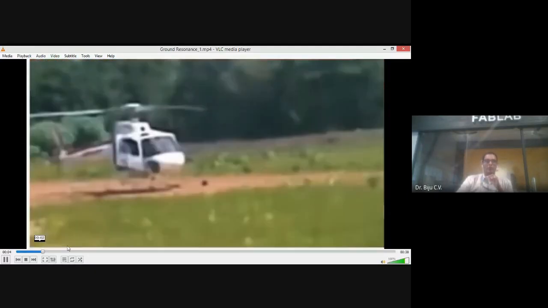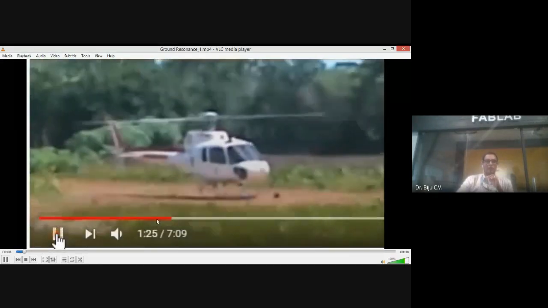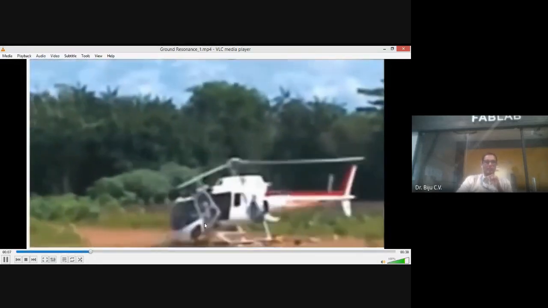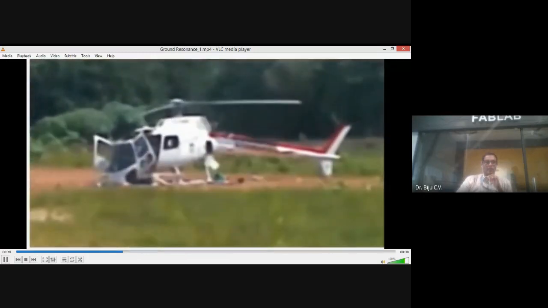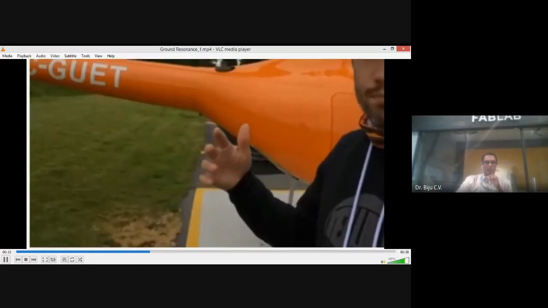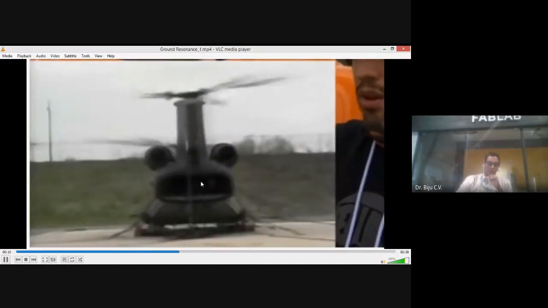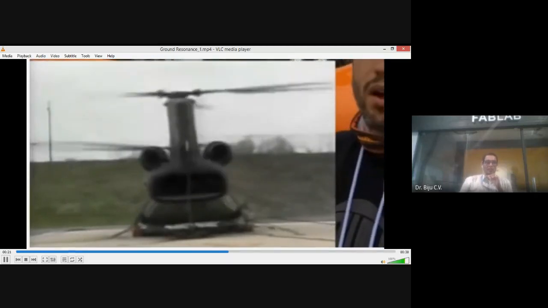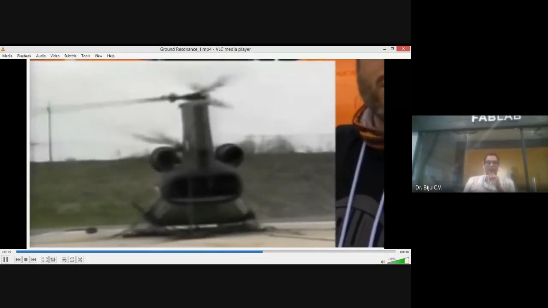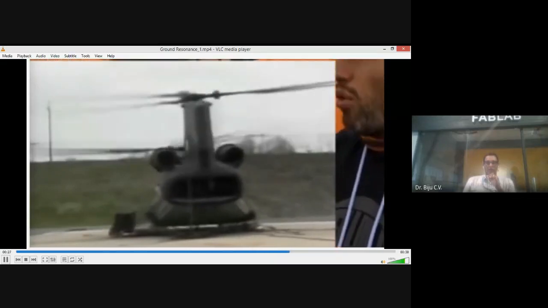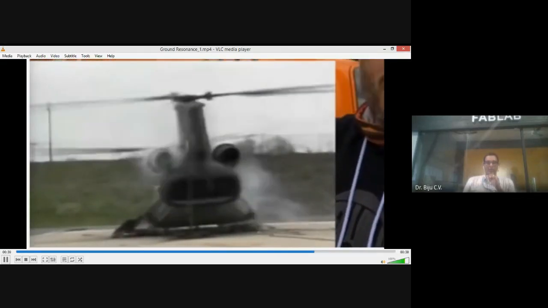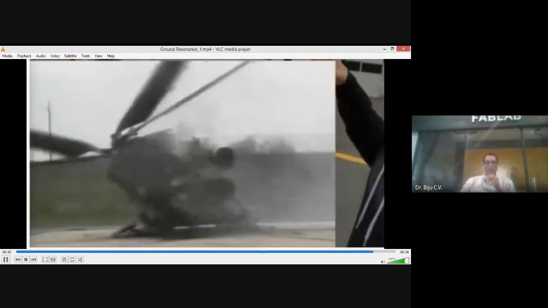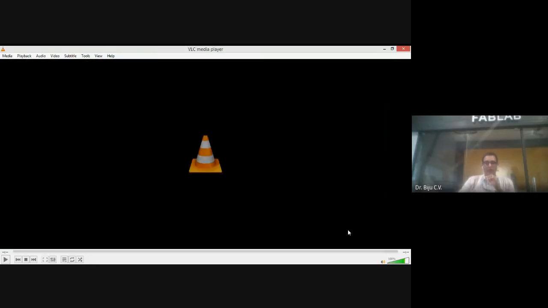So once you look through this video, I think it is visible from the beginning. Now you can see that the stability is totally lost and it is completely broken. And you can see the analysis, some experimental setup is there where ground resonance is studied. The same structure that was safe in the beginning, gradually the amplitude gets increased, and at one particular stage, it is totally collapsed. So this is one video, and one more part.